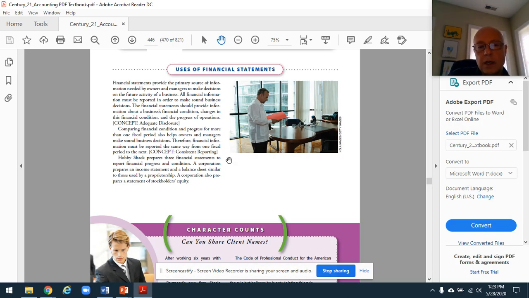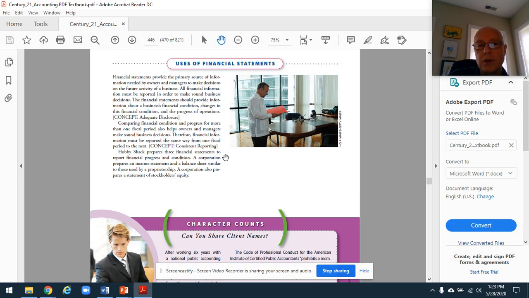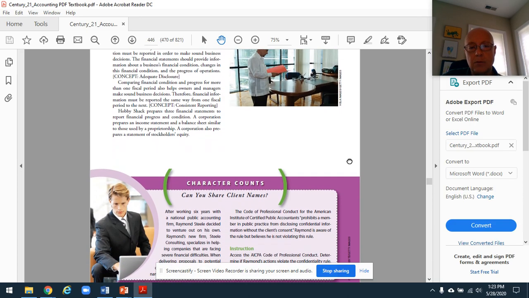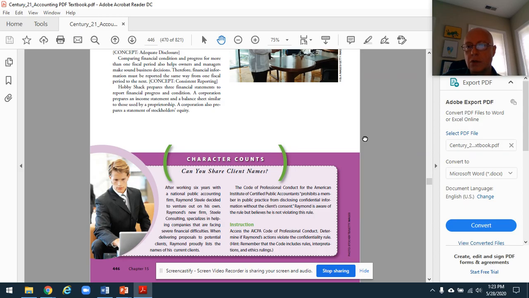The other concept here is consistent reporting, meaning that if we do it one way, we need to try to do it the same way year after year after year. We can change the way that we do it, but in our annual statements that we're publishing, because we are a public corporation here, we've got to indicate that we made the accounting change, and we've got to openly and transparently disclose the reasons why. And we've got to provide a comparative analysis using the old method and the new method optimally.